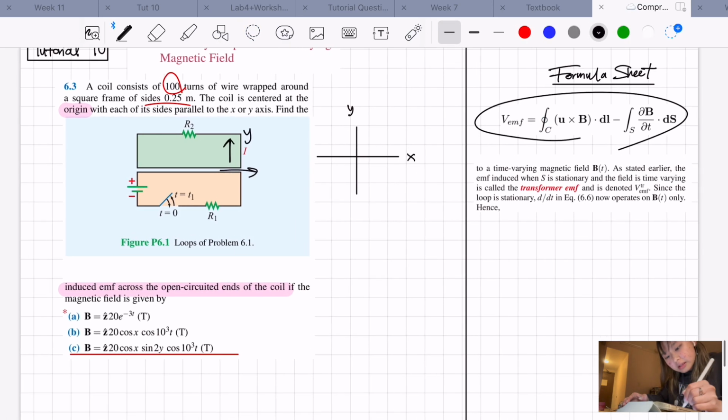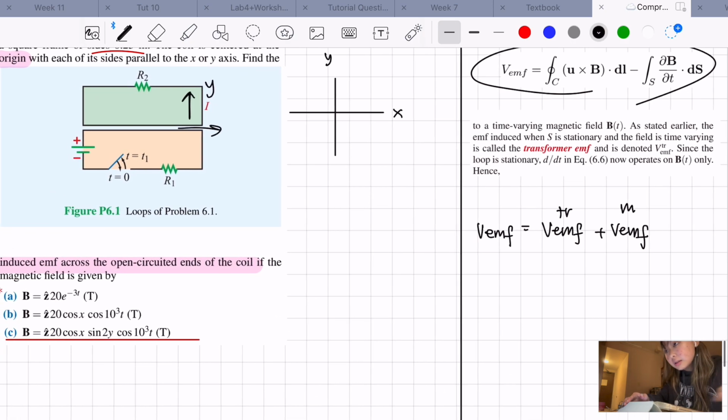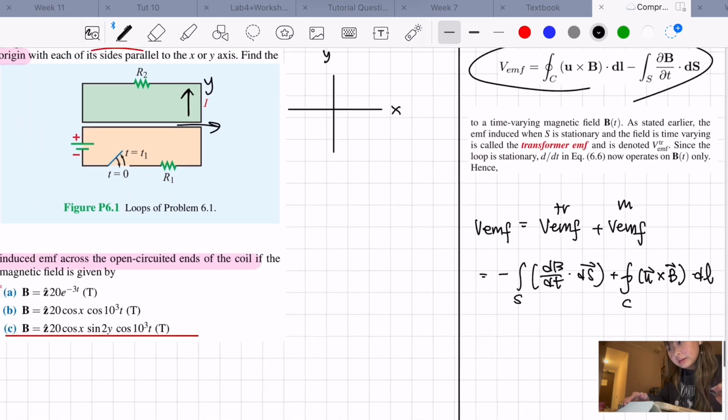And what this means, broken down, is VEMF is equal to VEMF from the transformer plus VEMF from the magnetic force, which is equal to negative surface dB/dt dot ds plus the surface of the velocity cross product by the field dot dl.